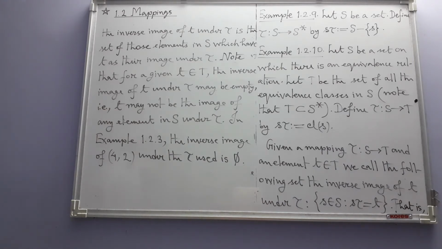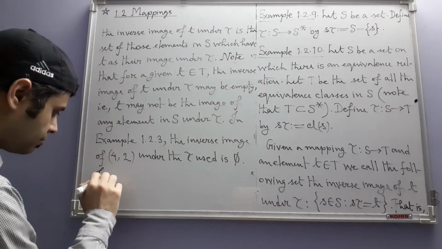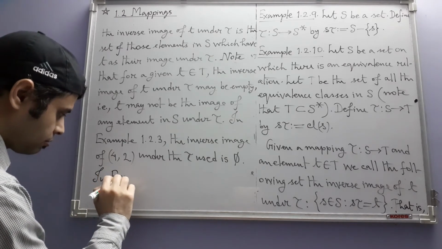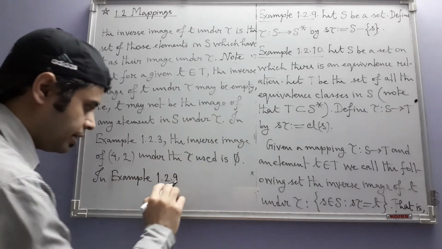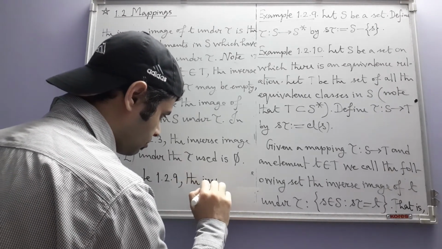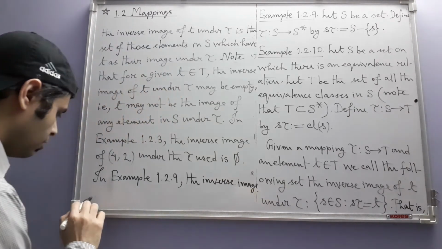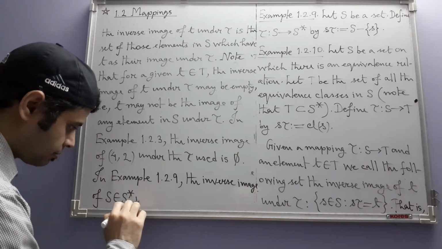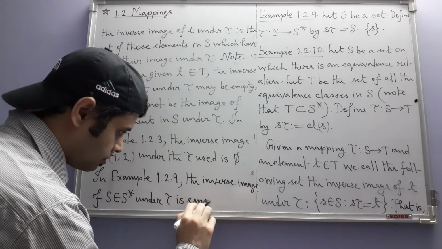Another such example is here, this one. In example 1.2.9, the inverse image of S in S star is empty.